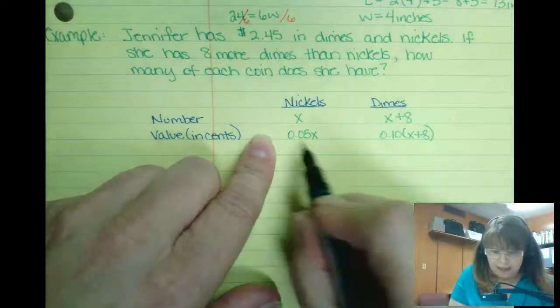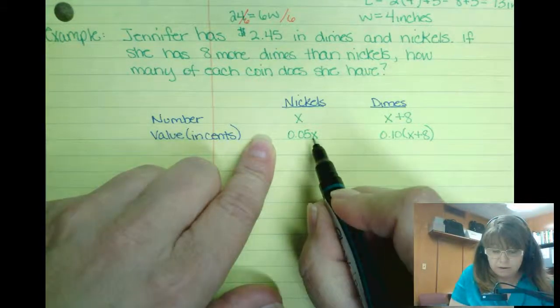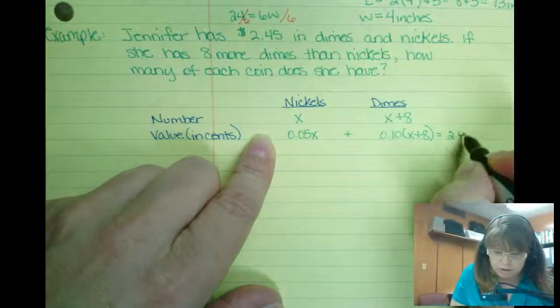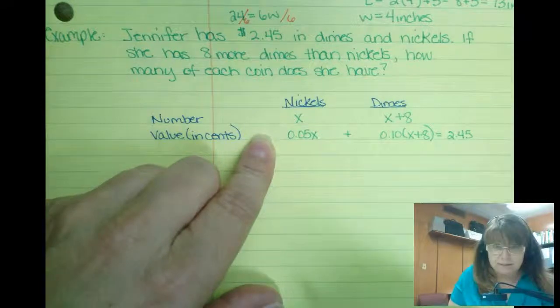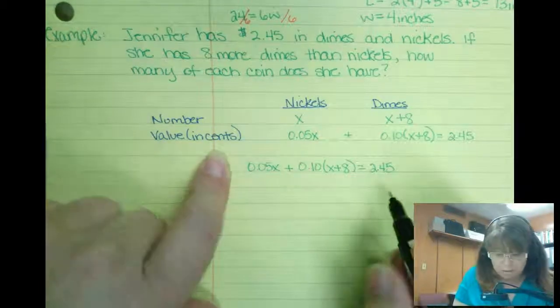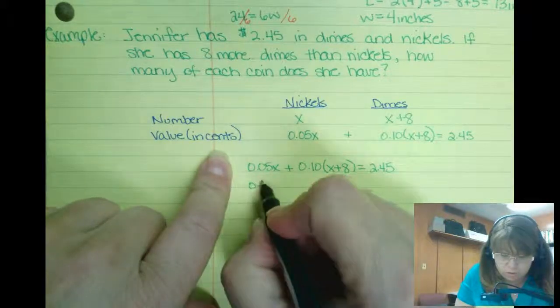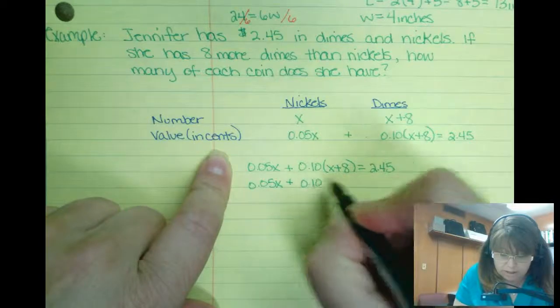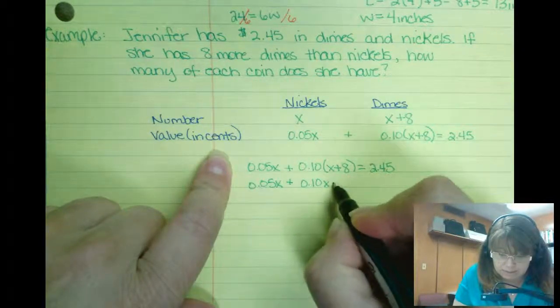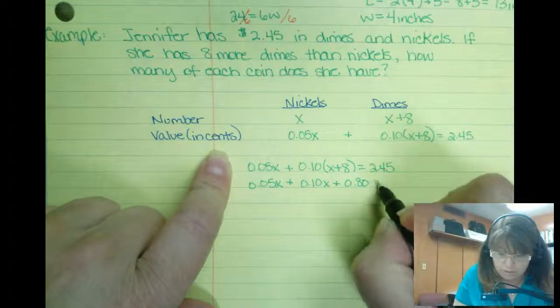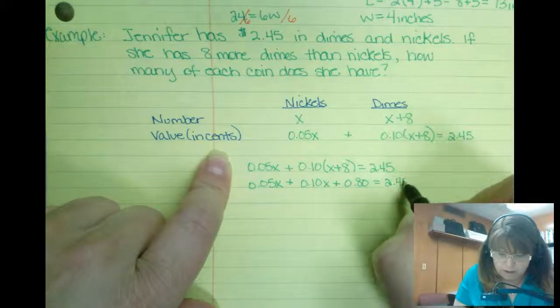I know if I add the two together, I'm going to get $2.45. I took a second to rewrite the problem. Now I'm going to distribute my 0.1 times x plus 0.80 equals 2.45.